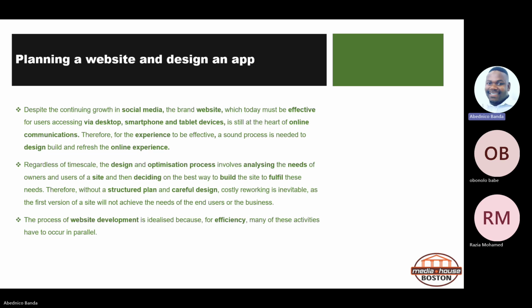It's the job of marketers to plan a website, to design a website. Then they just use the tools that they learned when planning their profession to come up with a website. I don't know if I'm making any sense.